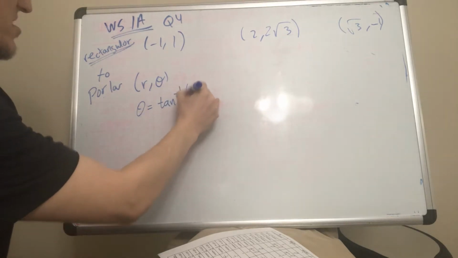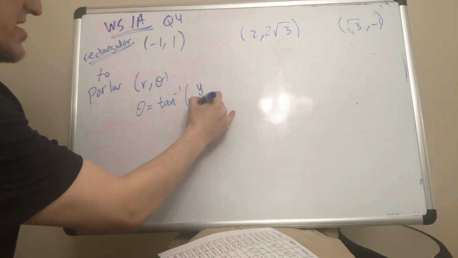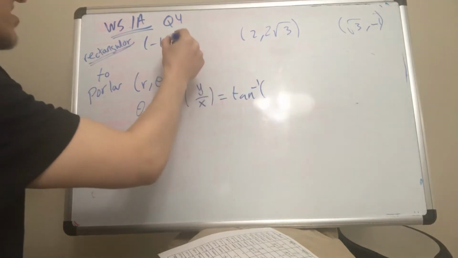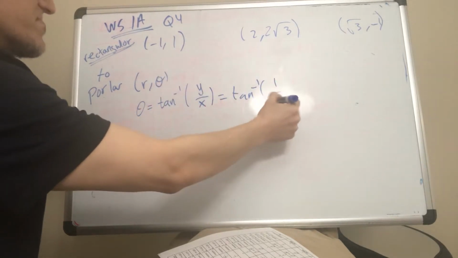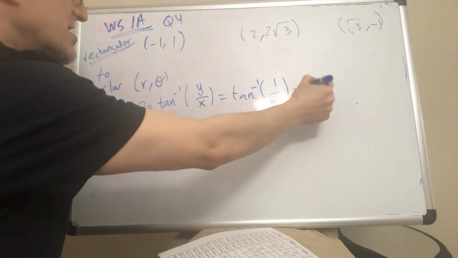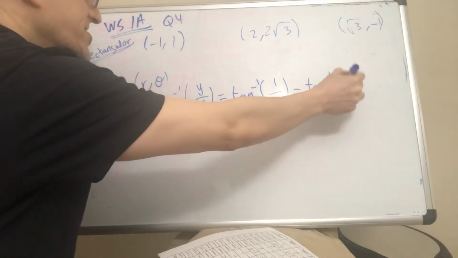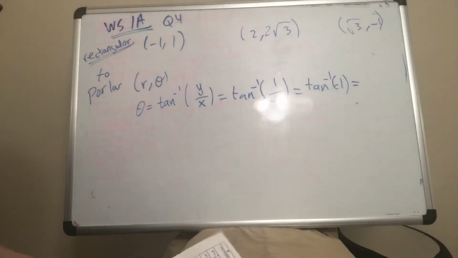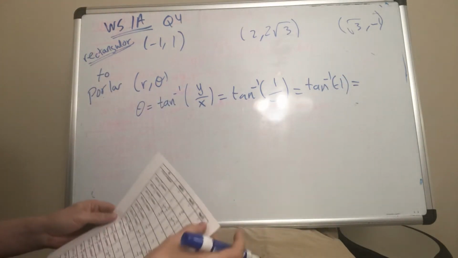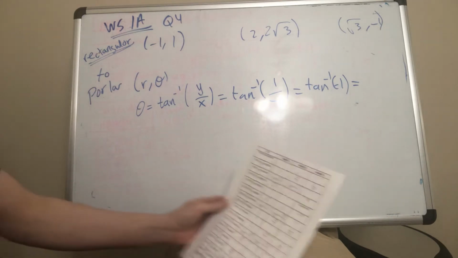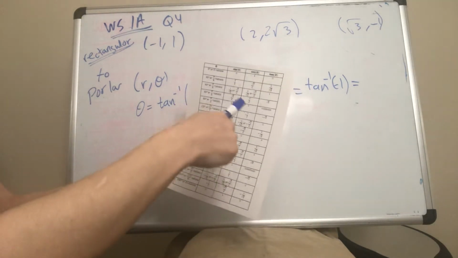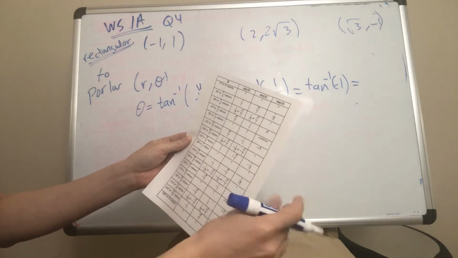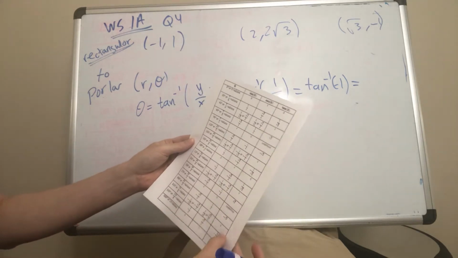of y over x. So it's tan inverse, y is 1, x is negative 1, so it's the tan inverse of negative 1. If you go to your tan here, to see where the negative 1 is, you'll see the negative 1 in two positions.